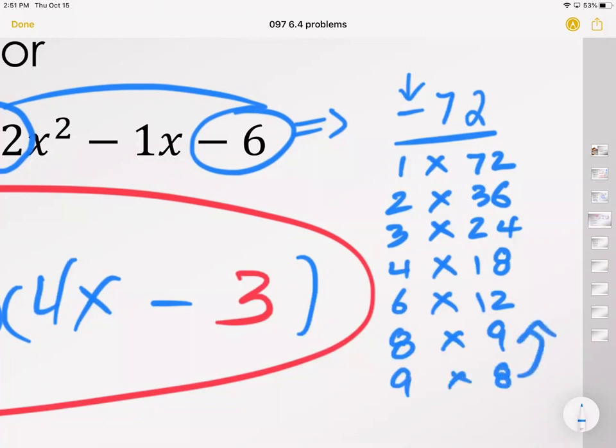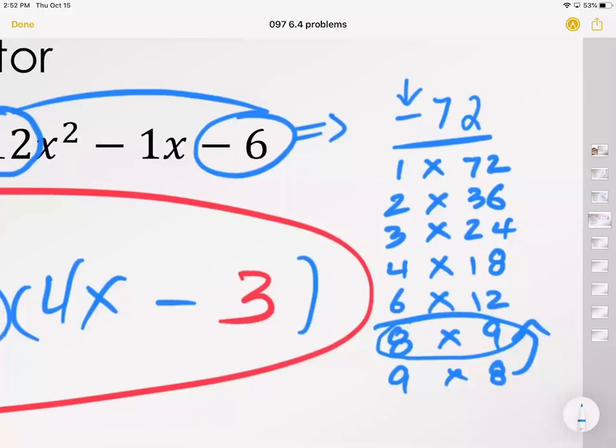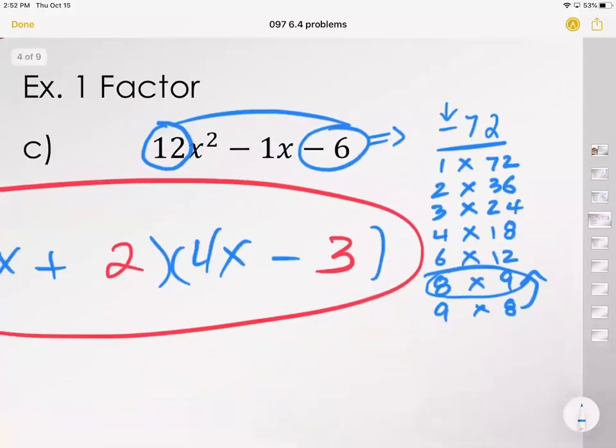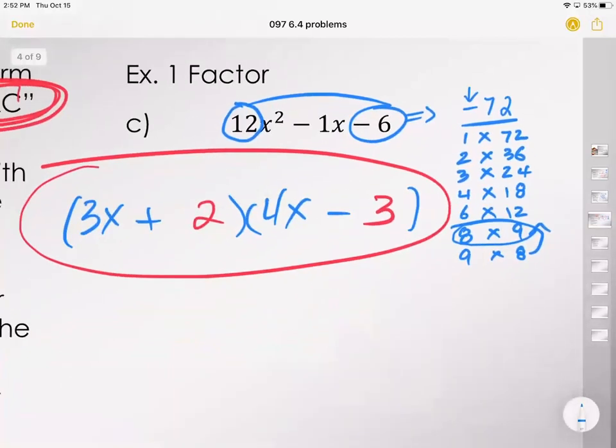You can see that you are repeating, and if you repeat, there's no other multiple. Looking at this item, hopefully you see that 8 times 9 is 72, and 9 minus 8 is 1. And that's what we're looking for: what numbers multiplied give me the AC.